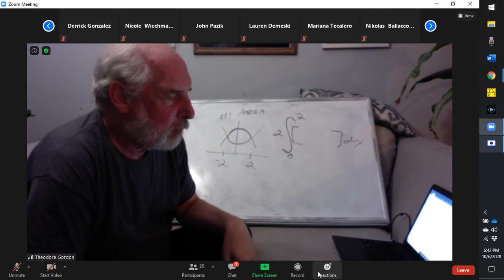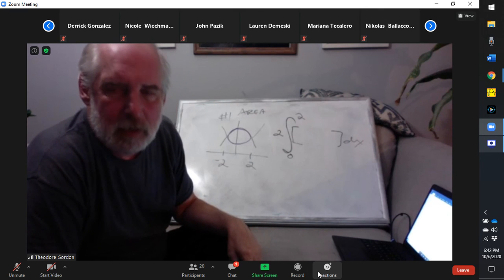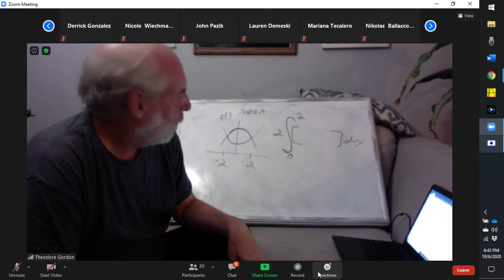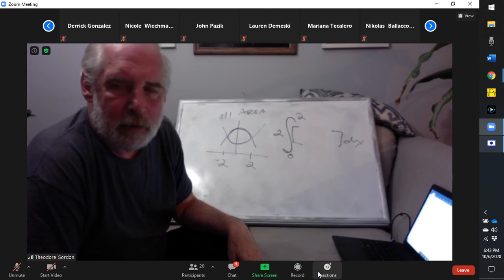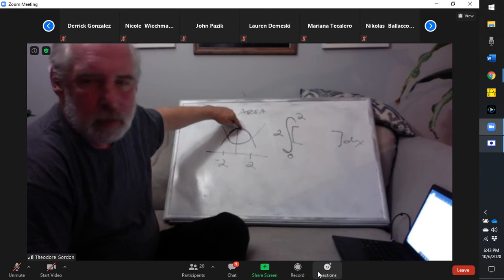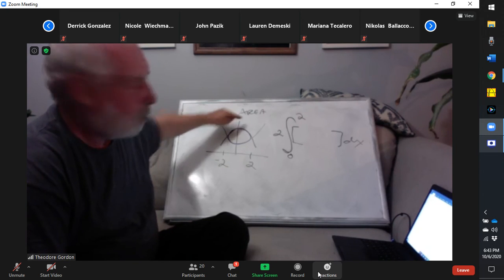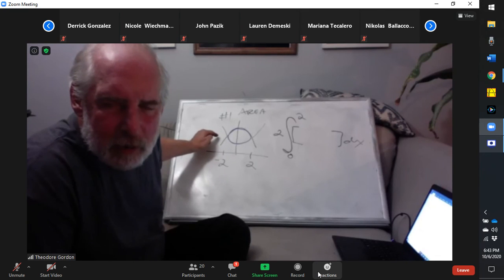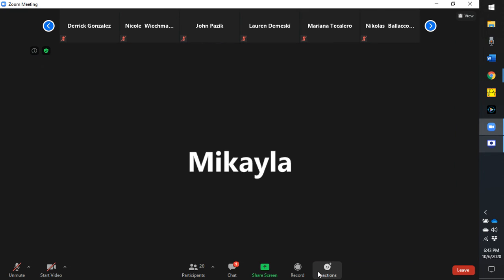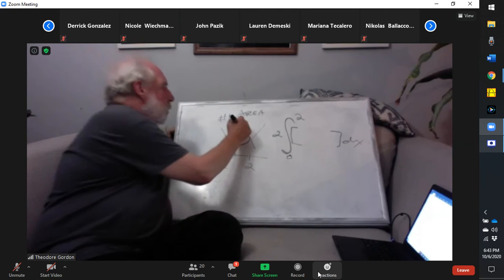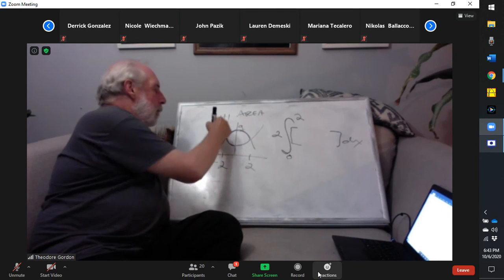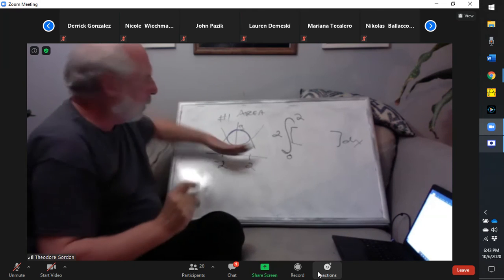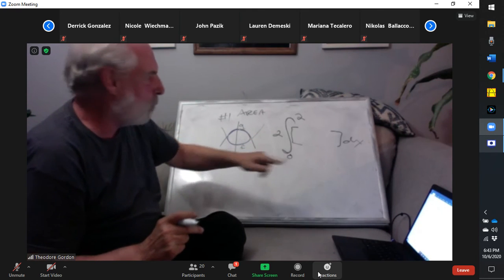Which function is the top function? 7 minus x squared. Yep, the top function is the downward opening parabola. So this is the g function, and the f function is upward opening, so that's the bottom function.